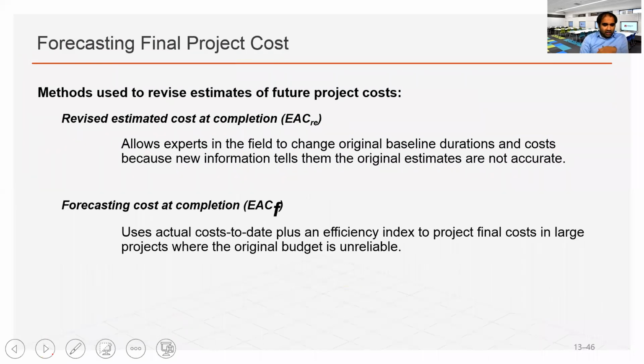Okay, next is forecasting the final project cost, so EAC. Now here is the method to use to revise the estimate. What happens now that we know PV, actual cost, earned value, then schedule variance and cost variance?